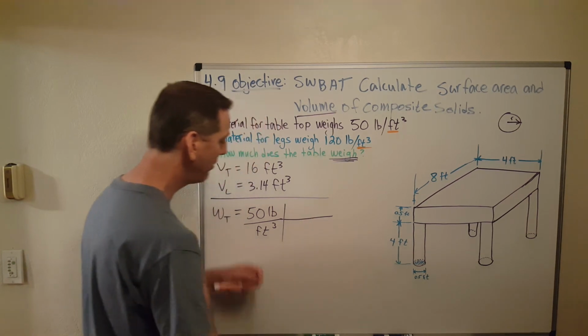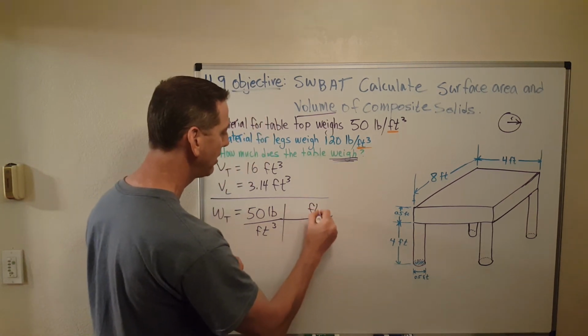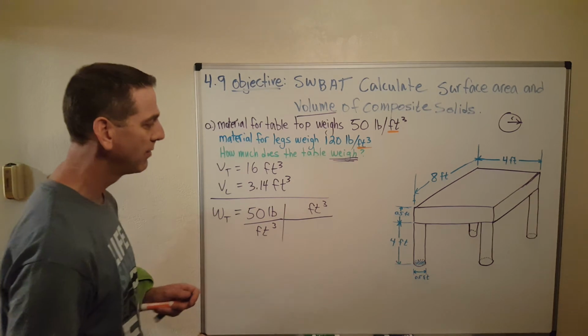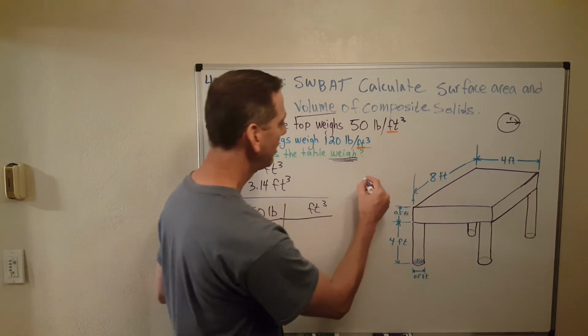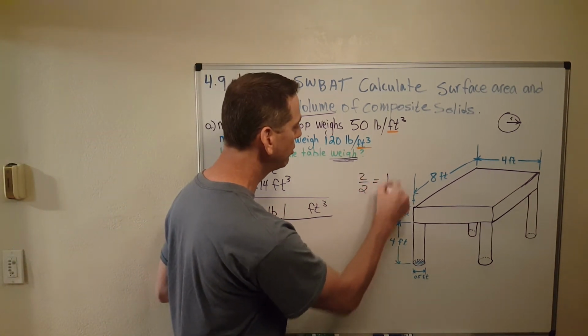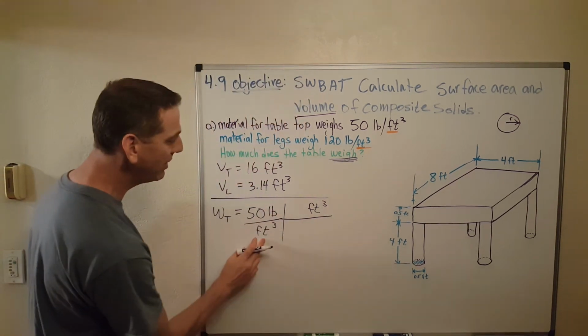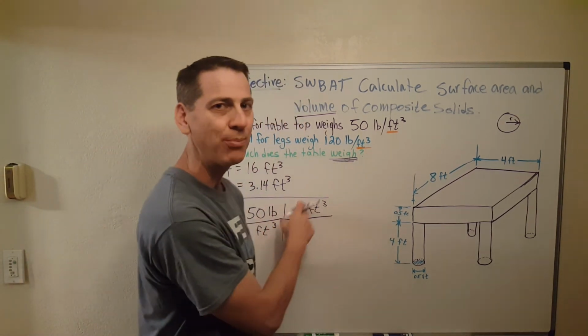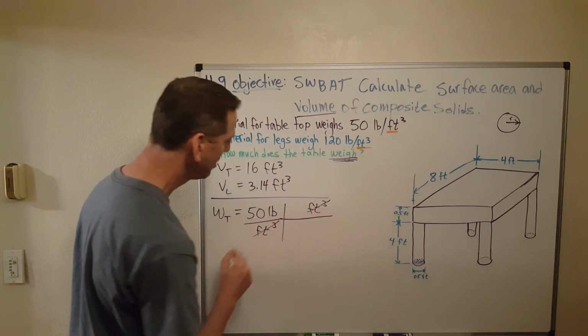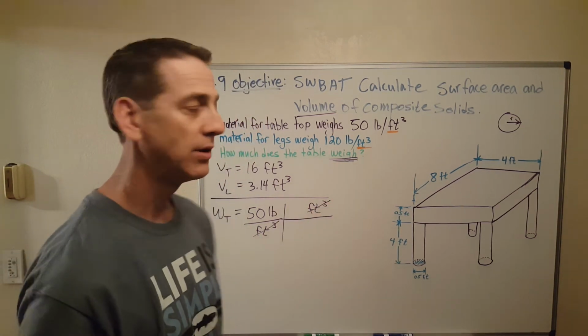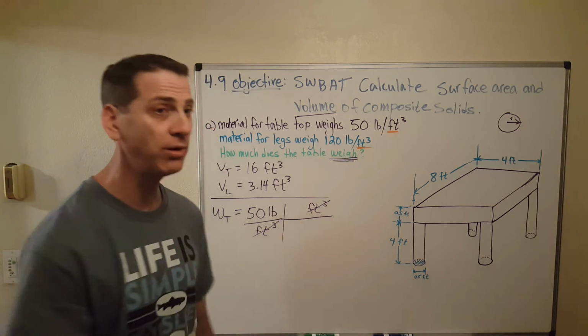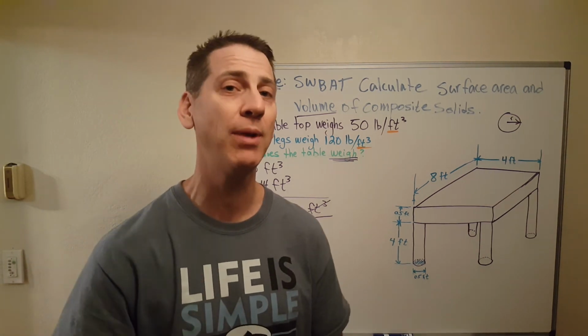However, if I put cubic feet on the top, it's kind of like 2 over 2, right? 2 over 2 is 1. So since I have cubic feet down here, if I put cubic feet on the top, they're going to essentially cancel. Because cubic feet over cubic feet is 1. Anything divided by itself is 1.